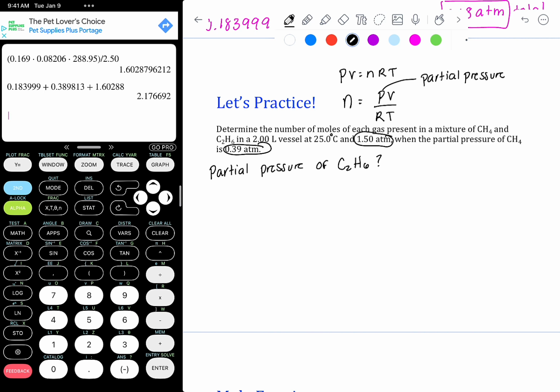So what I want you to do is pause your video and think of how you would find that partial pressure of C2H6 given that you have the total pressure and the partial pressure of CH4. Then once you find that partial pressure, you can now calculate the number of moles for both CH4 and C2H6. So try that. Pause your video and try that now.